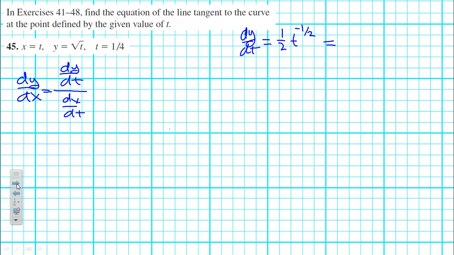The book would probably clean that up to 1 over 2 times the square root of t. dx/dt looks like 1. Putting that together, I get 1 over 2 root t over 1, which is just 1 over 2 root t. Are we okay with that much?